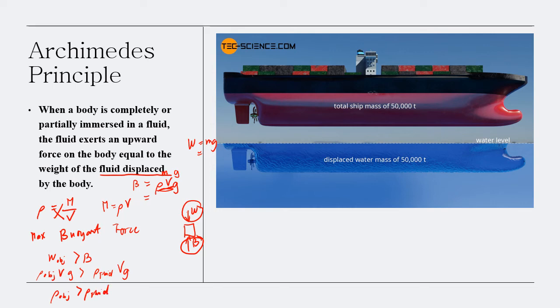If this happens, the object will sink. Otherwise, if the weight of the object is less than the buoyant force, meaning the density of the object is less than the density of the fluid, then the object will float.